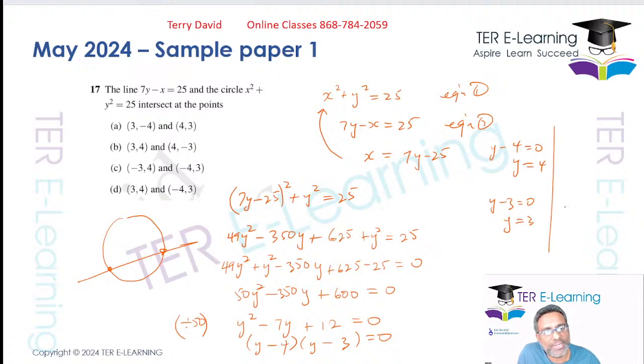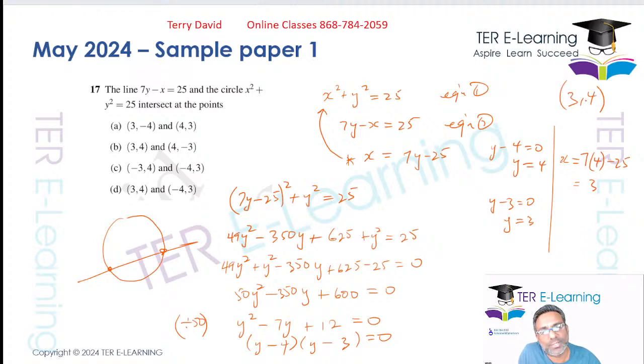What we need to do now is get the x values, using x equals 7y minus 25. So that's 7 by 4 minus 25, so that's 28 minus 25, which is 3. Therefore one solution is 3, 4.